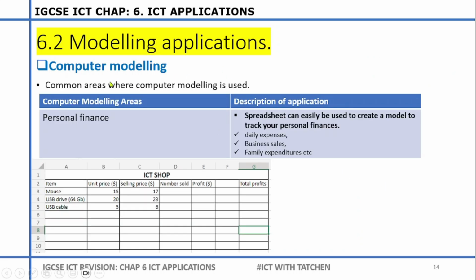Now, another aspect of modeling is you could create a personal financial model, maybe to track your daily expenses, or when you want to go and shop, automatically it does the calculations for you. So this is just a simple model. You could use Excel to do that. If you own a shop, you don't need to be writing everything.